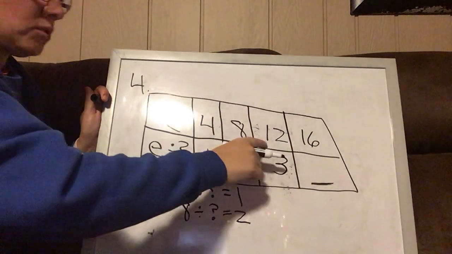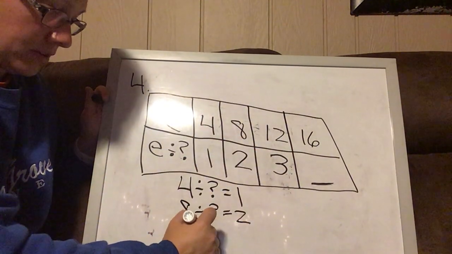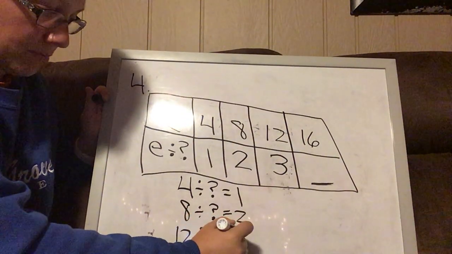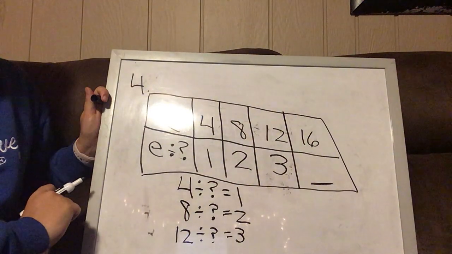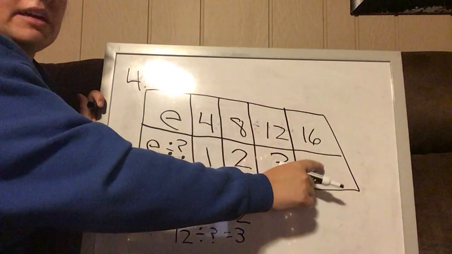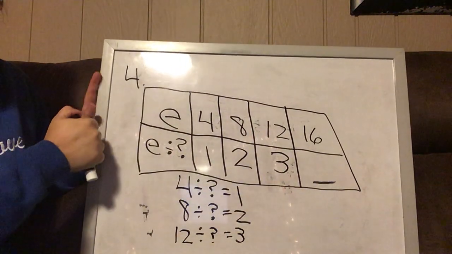And then E is 12. 12 divided by what number is going to give me 3? Once you find what our mystery number is, that would help you then find this missing number right here in our table. 1 more minute.